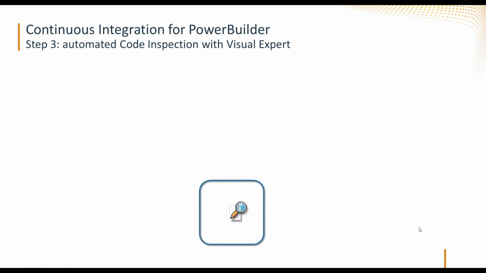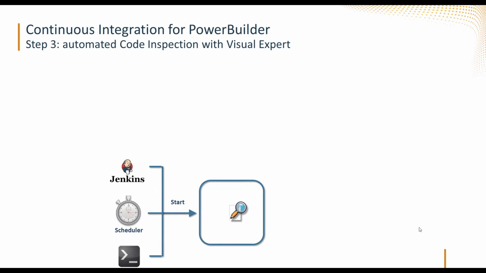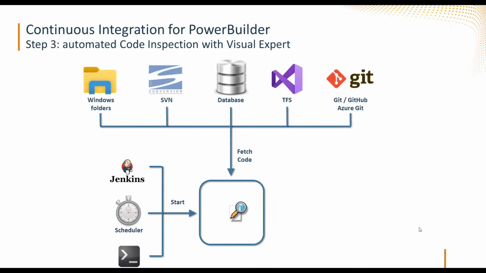This is how it works. You would trigger the code inspection in different ways. You can schedule it on a regular basis, call Visual Expert in the command line, or use a Jenkins integration in your CI workflow. Then you would pull the code, fetch the code from different sources.